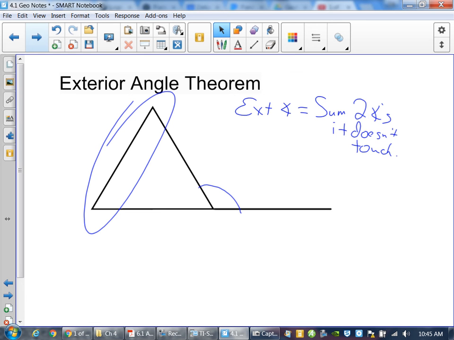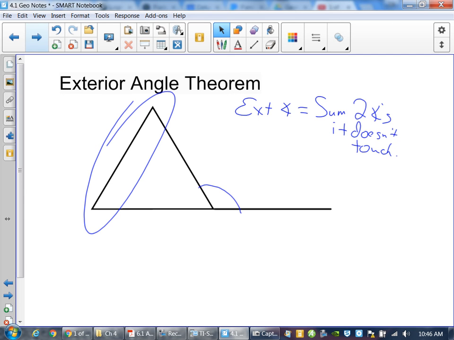So if this is 55 and this is 40, how many degrees are left for here? 85, good. That means there's 85 degrees here. What's 85's supplement? I think 95.